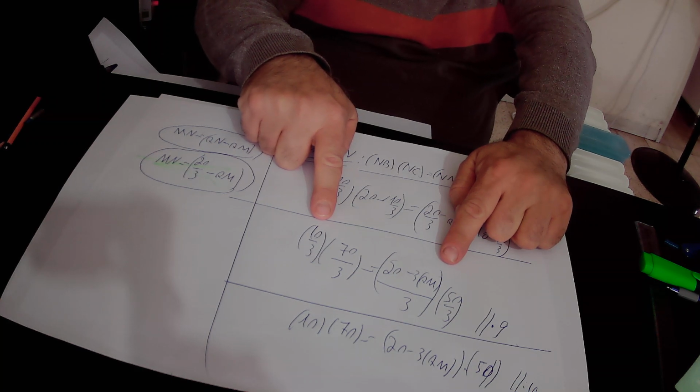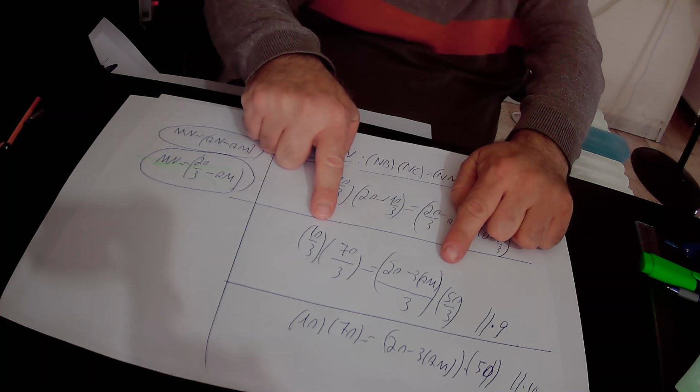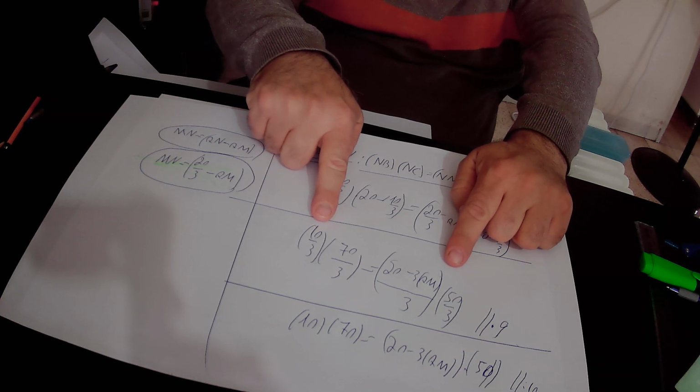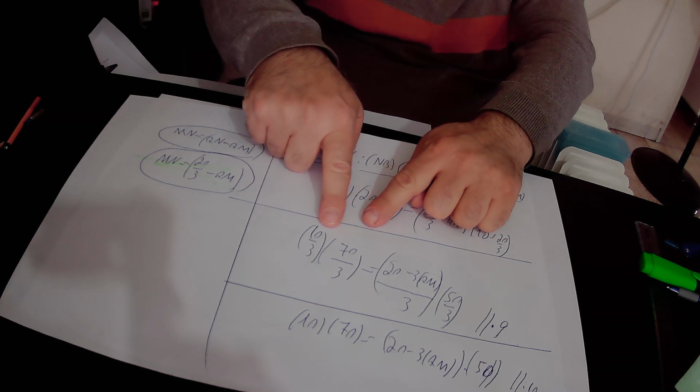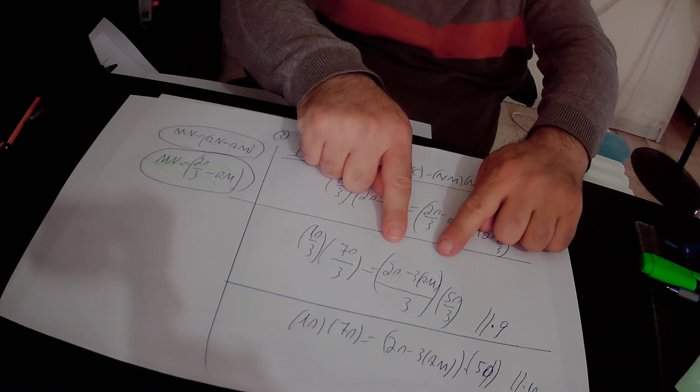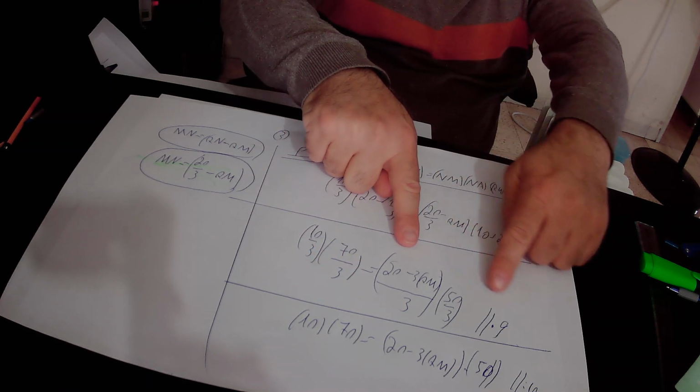Therefore we multiply this equation by 9 in order to eliminate the denominator. After we eliminated the denominator 9, on this side of the equation we are left only with 10 times 70. On the other side, we are left only with 20 minus 3QM times 50.